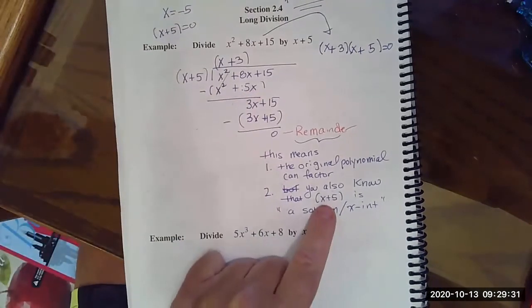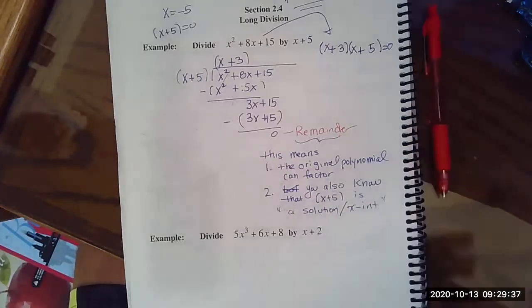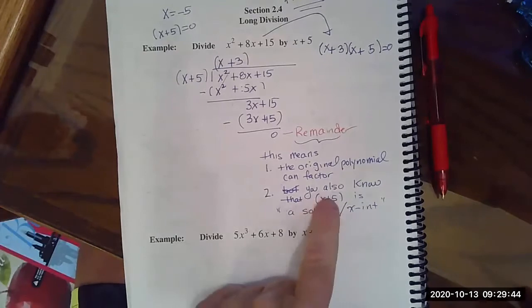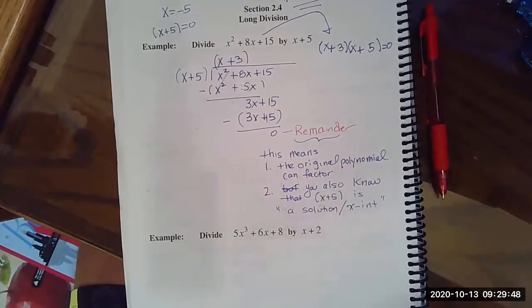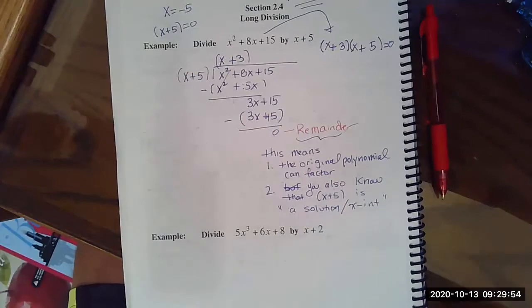Really, x plus 5 isn't the x-intercept, but if you set it equal to 0, it leads you to the 0. This is clumsy. I don't like that. That's true, but I'm trying to put it in words and it's not coming out very good. So sorry about that. Let's just say it's a nice thing.